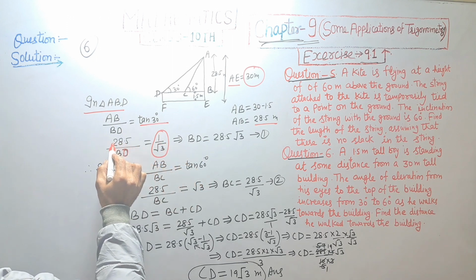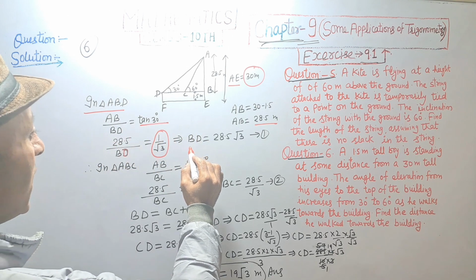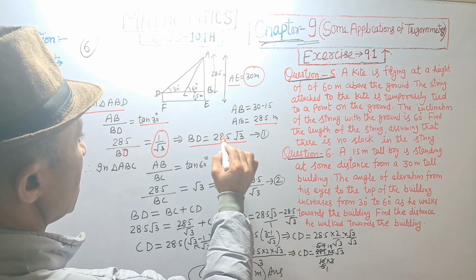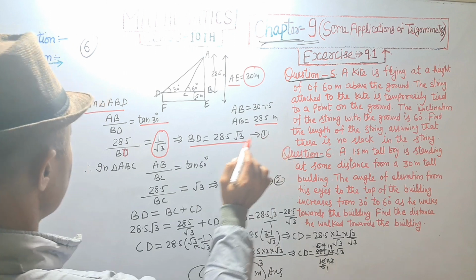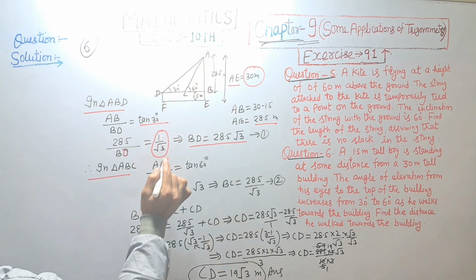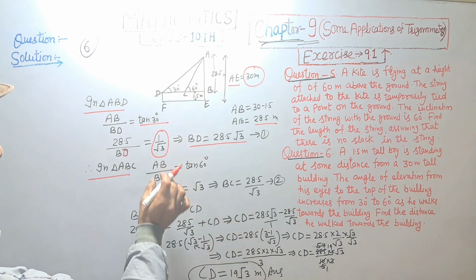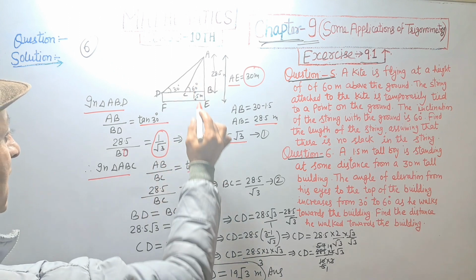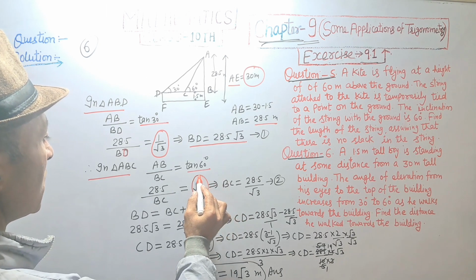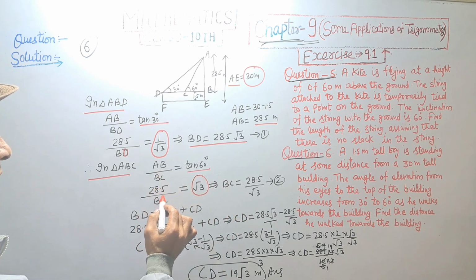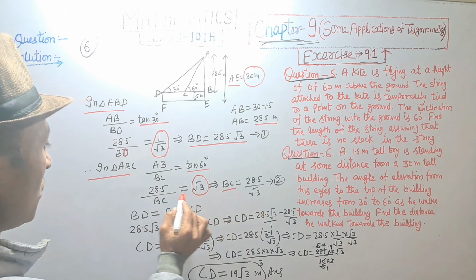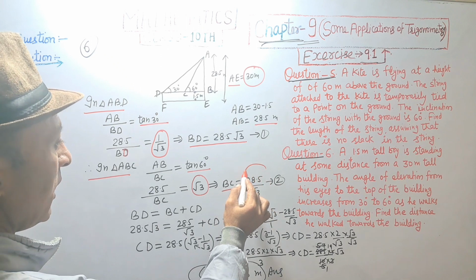Root 3 multiplying by 28.5, we get the value of BD is 28.5 root 3, equation first. And in triangle ABC, AB upon BC is equal to tangent 60 degree, the value of tan 60 is root 3, AB is 28.5 upon BC. This implies BC is equal to 28.5 divided by root 3.